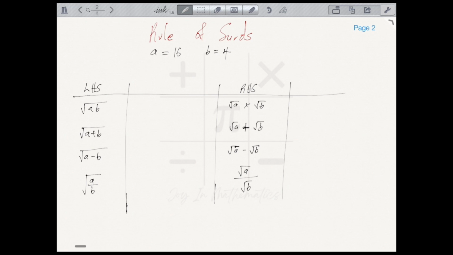We'll test if root AB on its own is equal to root A multiplied by root B; if root of A plus B is equal to root A plus root B; if root of A minus B is equal to root A minus root B; and if root of A divided by B is equal to root A divided by root B. So we will test if the left hand side is equal to the right hand side. Whichever works will be our foundation for the rules of surds.